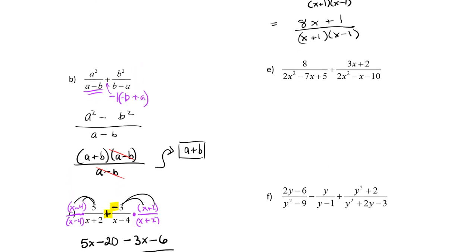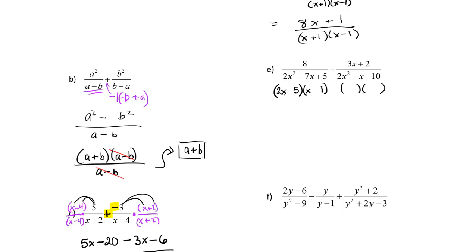These last two are going to take a little bit more work because the denominators are trinomials, so we're likely going to have to factor them. So let's just do that now. We'll have a 2x, and 5 is prime, so let's see here. 10 and 1, that won't work, so maybe a 5 and a 1.